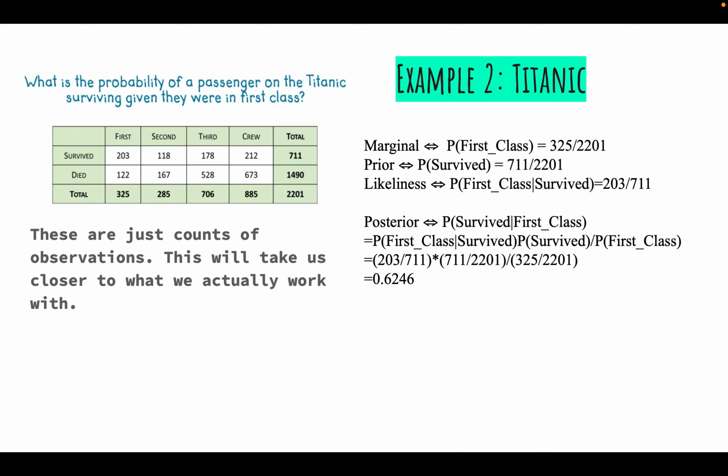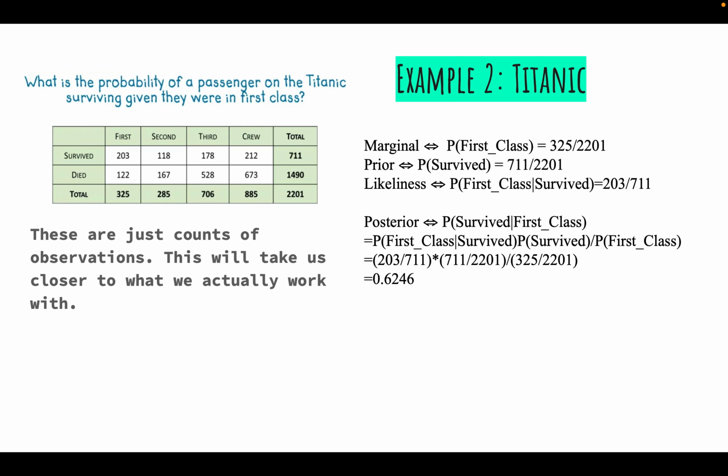The rows are survived or died, and the columns are what class the passenger was in. And we have a question: what is the probability of a passenger on the Titanic surviving, given that they were in first class?